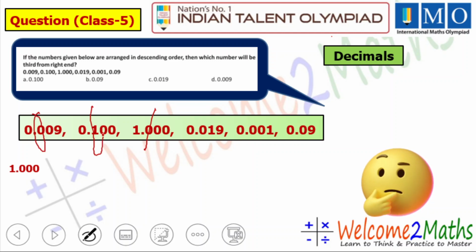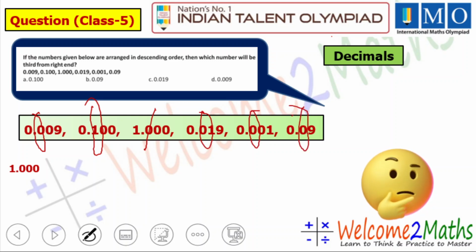In this number it's 1, in this number it's 0, in this number it's 0, and in this number it's also 0. Between 1 and 0, 1 is greater than 0. So that means this number would come after 1.000. So it's 0.100. Got it?